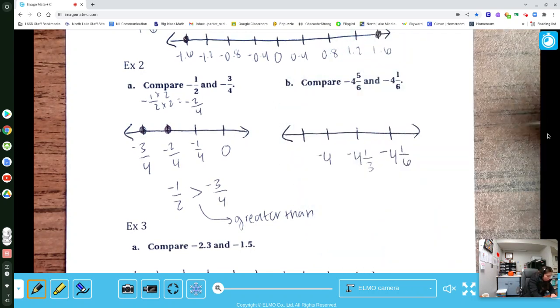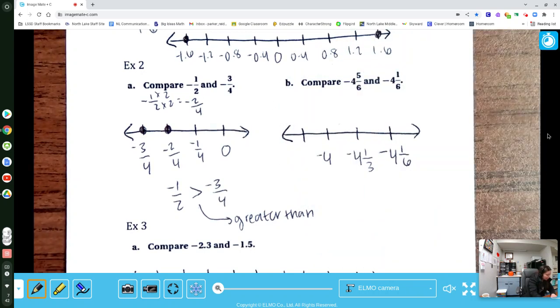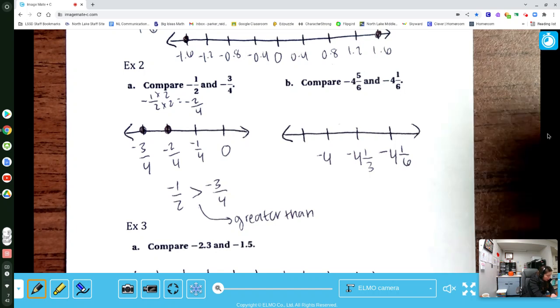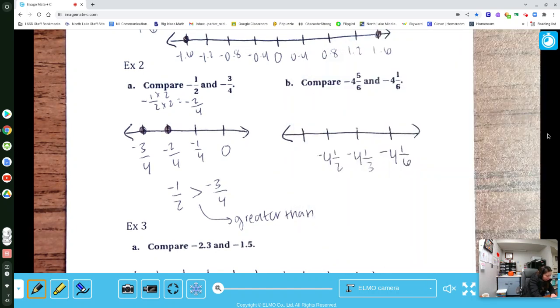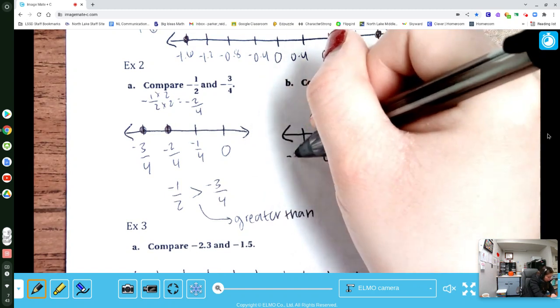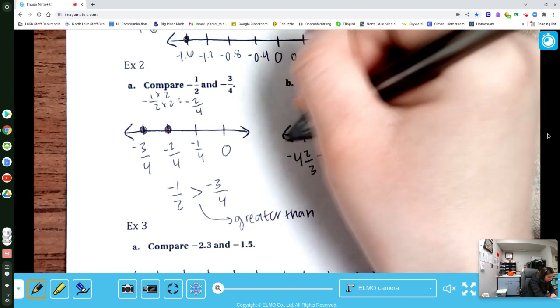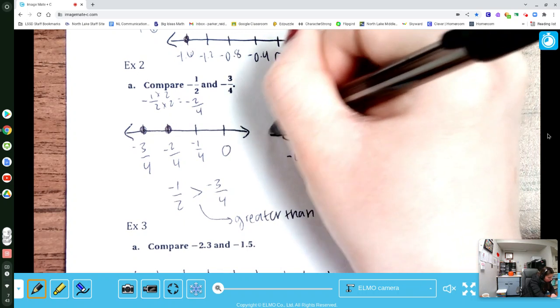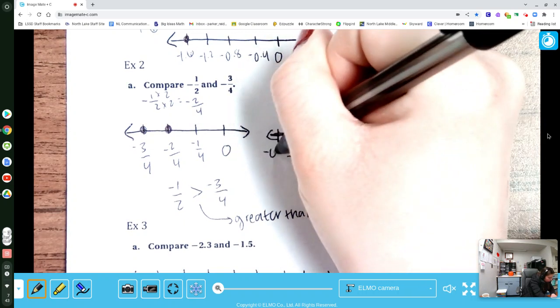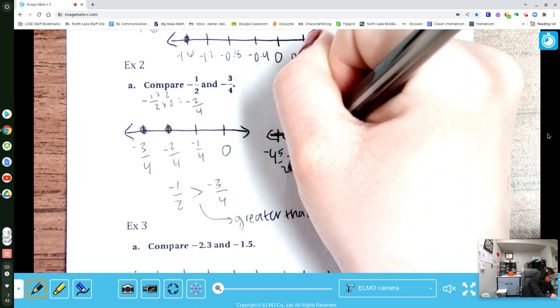This would be negative 4 and 3/6, which is the same thing as negative 4.5. This would be negative 4 and 4/6, which is the same as 2/3. And we need to extend this just a little bit longer. Right there, we'll put negative 4 and 5/6.